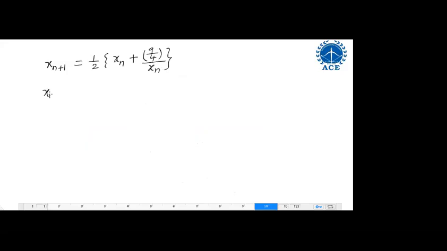This is the Newton-Raphson iteration formula for square root of a number, xn plus 1 is equal to 1 by 2 into xn plus capital N by xn.